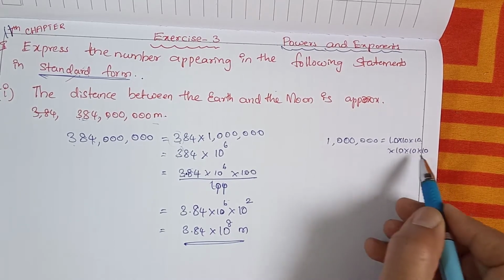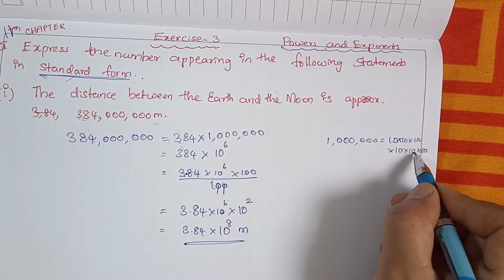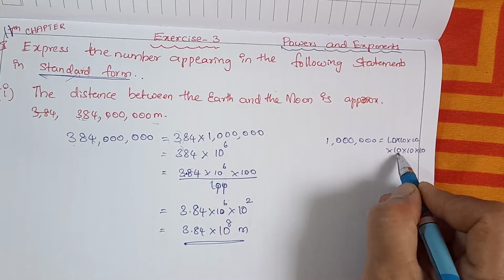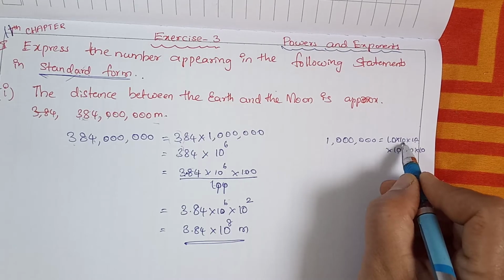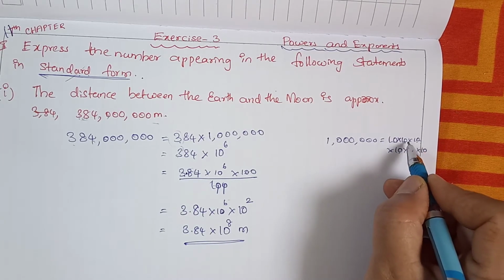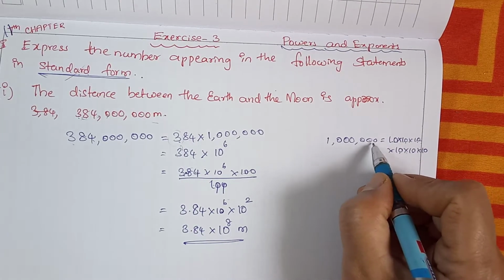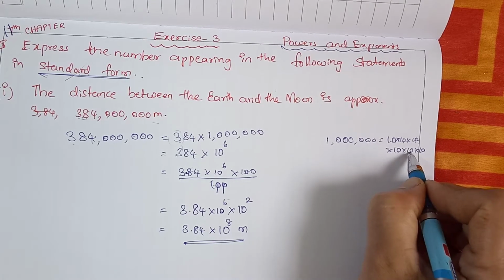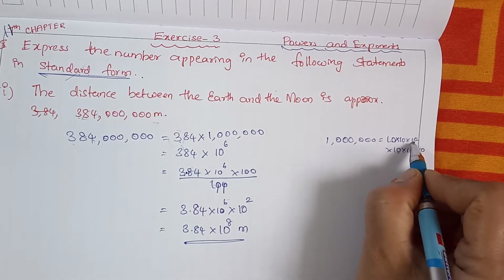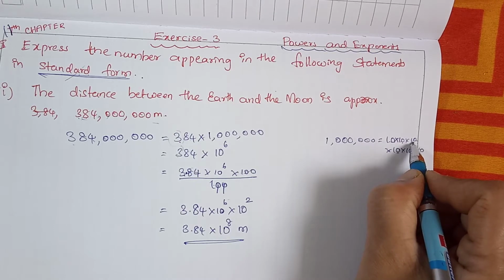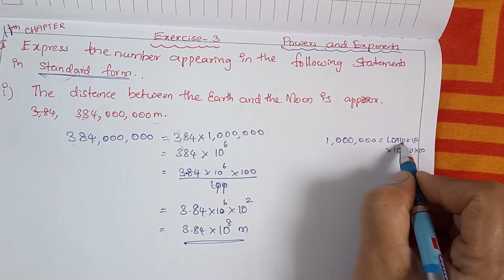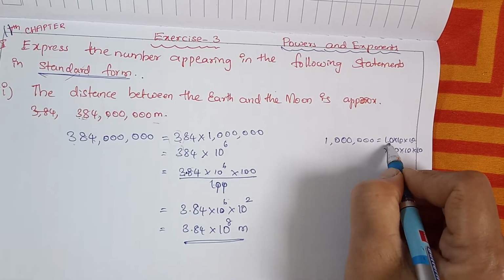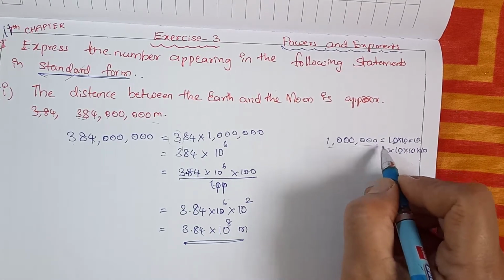If you want, we will multiply. 10 tens are 100, 100 tens are 1000, 1000 tens are 10,000, 10,000 into 10 is 100,000, 100,000 into 10 is 1 million. So this is converted into 1 million.